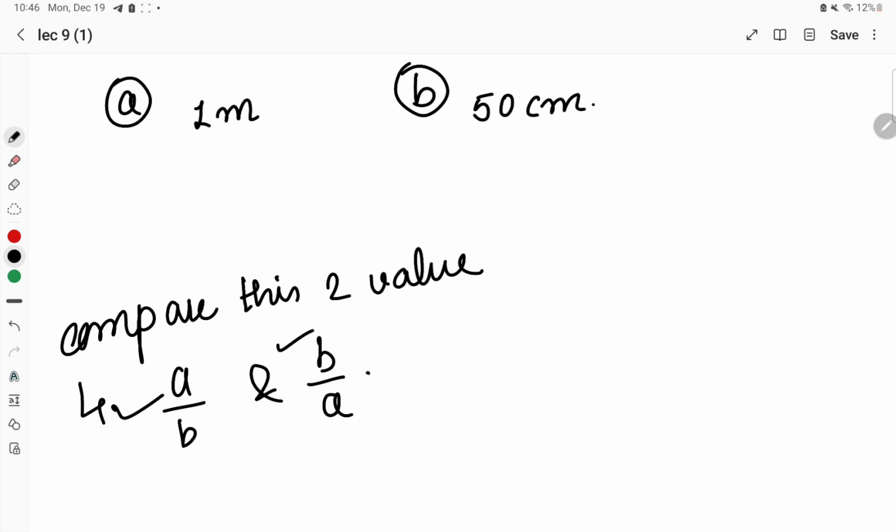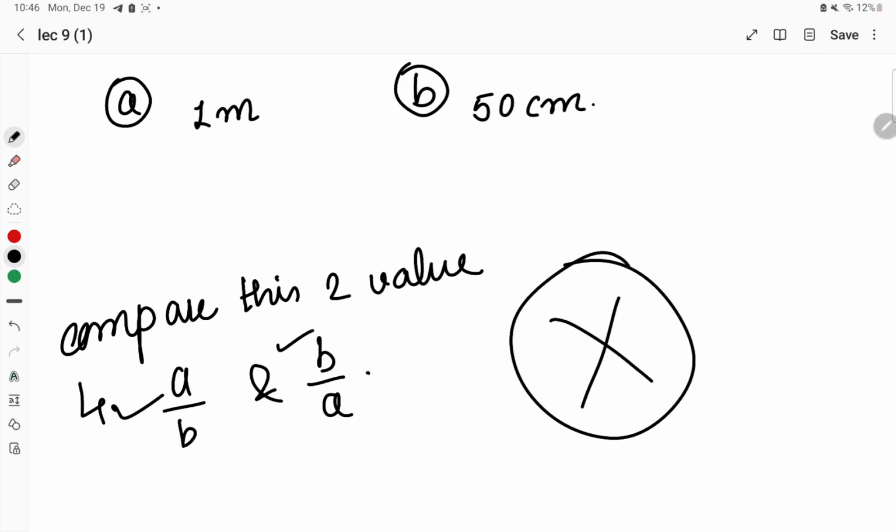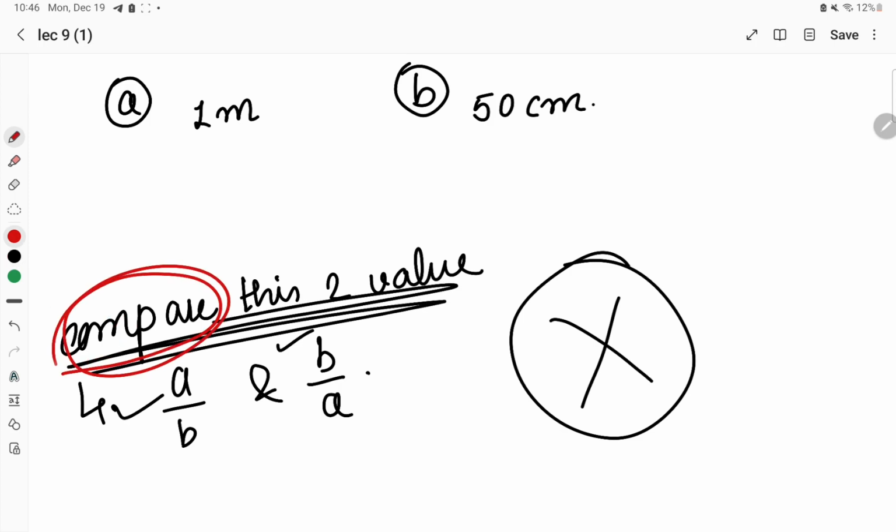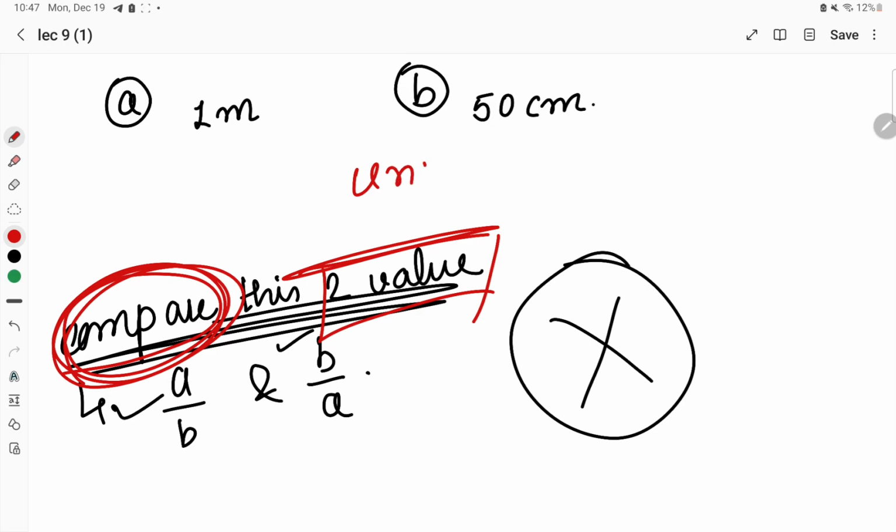Very first thing, what is the value of A given here? 1 meter. What is the value of B? 50 centimeter. So will the ratio of A upon B be 1 meter upon 50 centimeter? No. Why? Because whenever we are comparing any two values, their units, the standard of measurement, should be the same.